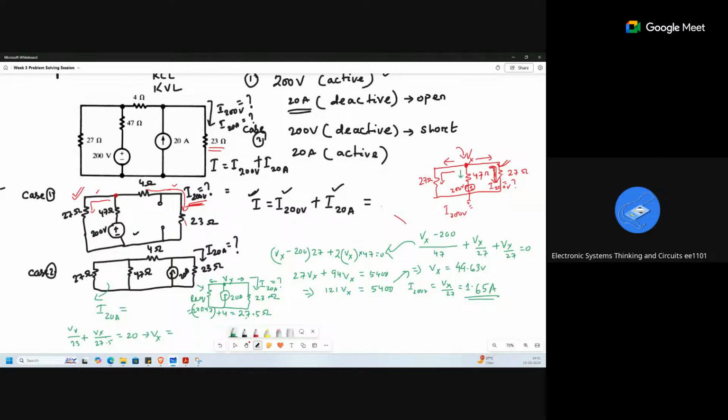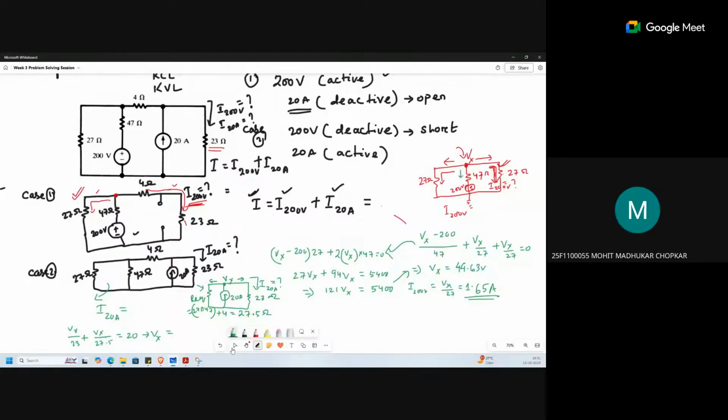Can you cross check? Where is the 23 in this equation? You're getting 27 multiplied with 47, then divided with 27 plus 47, right? Sorry, 17.14. I have made the mistake here.